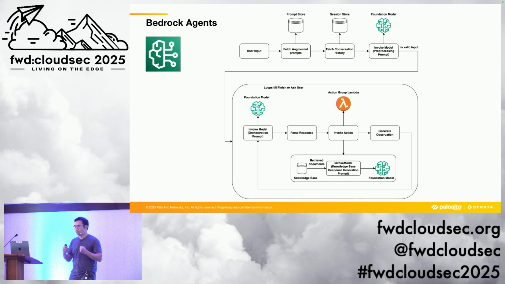Bedrock agents support many convenient features out of the box. It supports both short-term and long-term memory. Long-term memory is my focus. It manages, summarizes, or condenses conversation across sessions. It also supports over 100 different foundation models that can all be plugged into your AI agent.